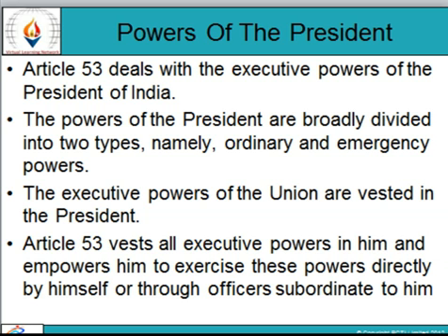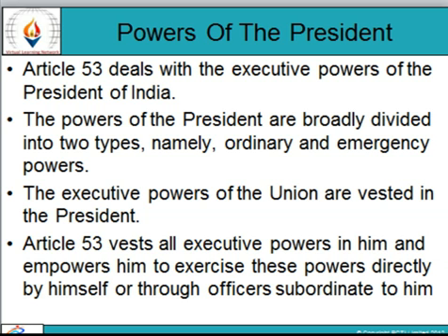Next topic is Powers of the President. Article 53 deals with the executive powers of the President of India. The powers of the President are broadly divided into two types, namely ordinary and emergency powers. The executive powers of the Union are vested in the President.